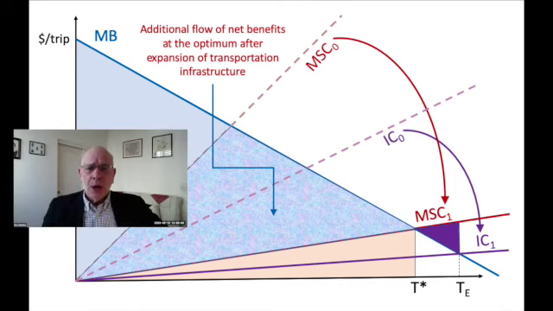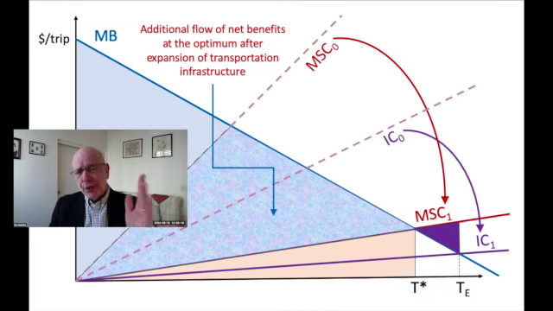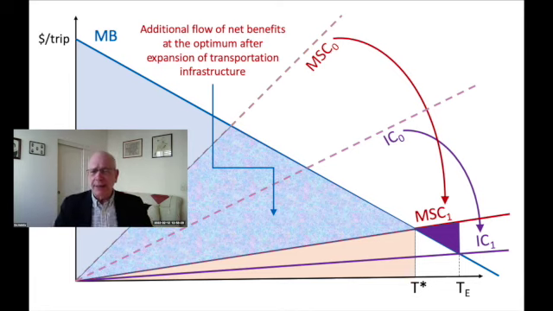Let's see what that looks like from the perspective of the diagrams that we've just introduced. So in the case of this so-called engineer solution, which is to build more capacity, the way that manifests itself in this diagram is that it pushes the individual cost as well as the marginal social cost curve down, rotates it down as indicated here.